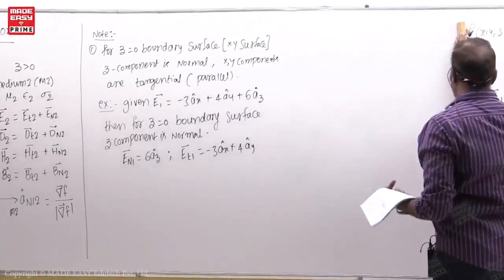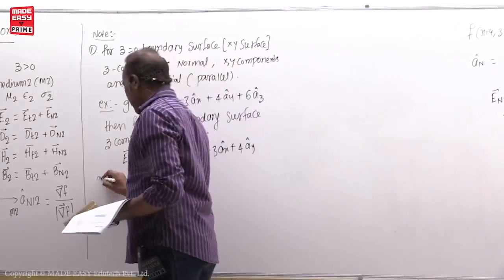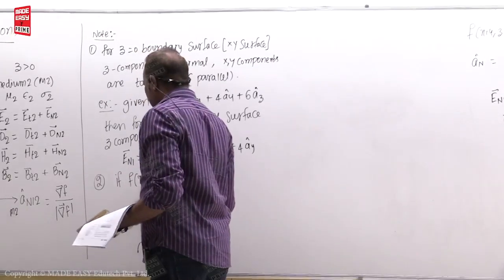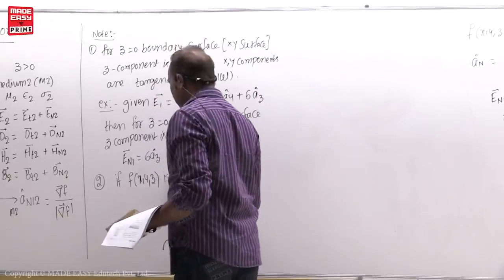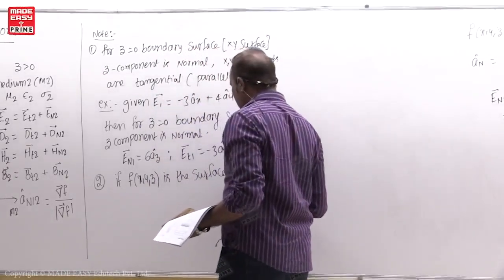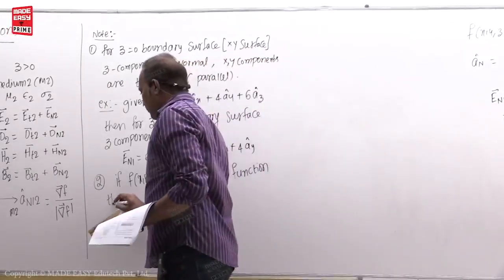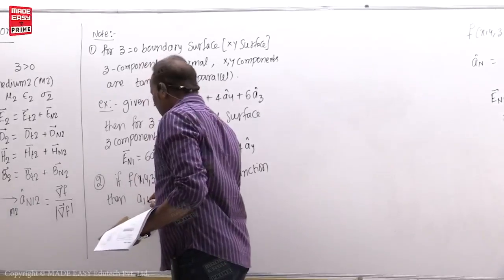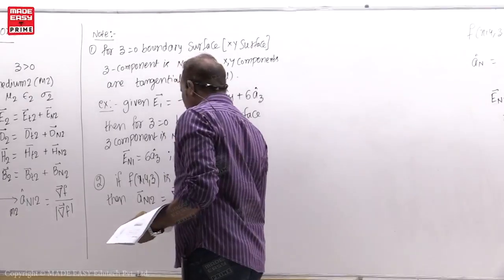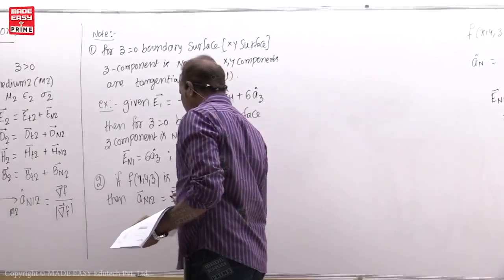Next, we have to write that note also for a general boundary, that is a general discussion. Okay, second point in the note. If f(x,y,z) is the surface function, then an12 is equal to grad f divided by modulus of grad f.